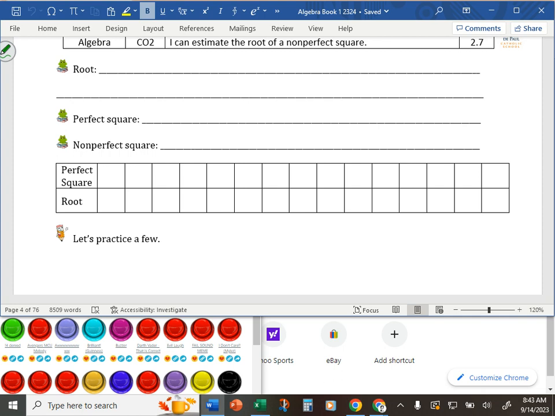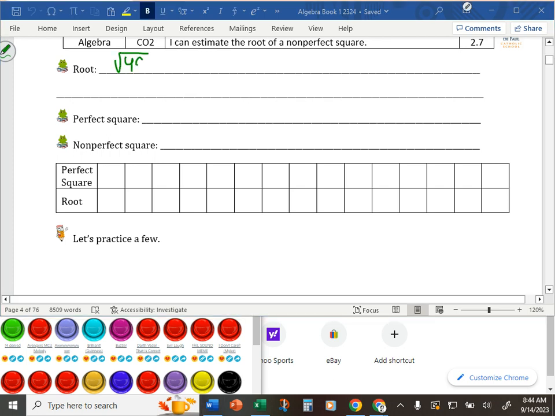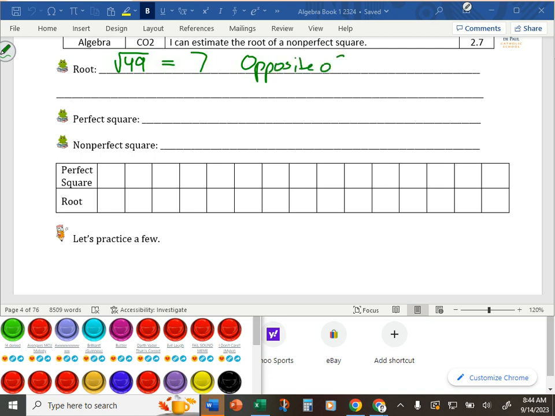Okay, so let's just start with an example, right? If we have the square root of 49, what is the square root of 49? 7. Why? Because 7 squared, or 7 times itself, 7 times 7 equals 49. So in one sense, a root, we can call it the opposite of an exponent, right?